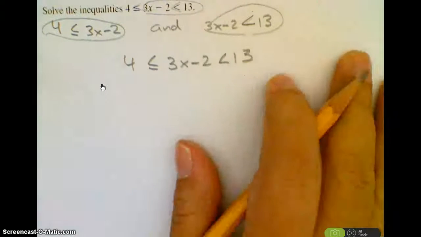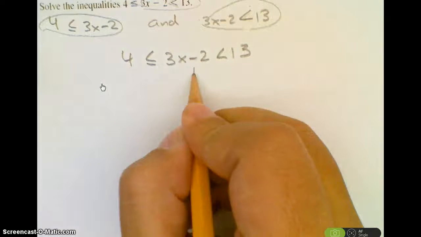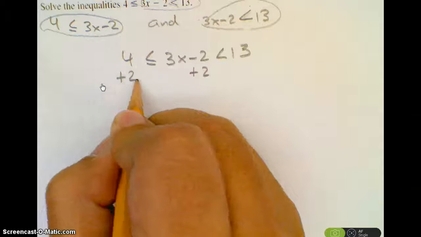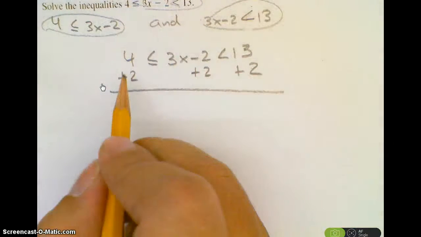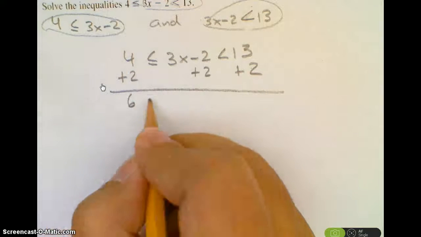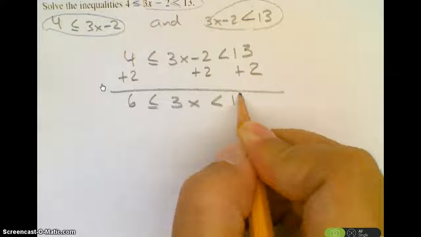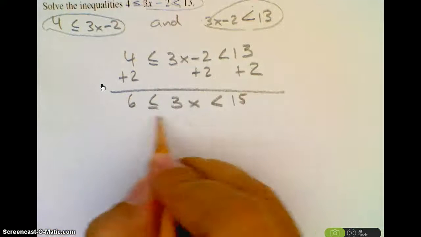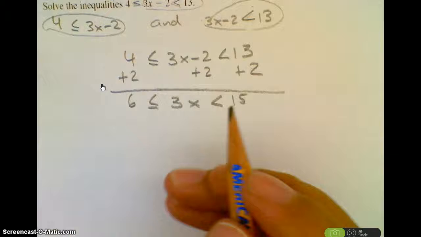So again, this is about solving for x, so I have to get rid of this minus 2 first, so I can add 2 on every single side, in the middle of these two inequalities, on the left side and on the right side. So in here I have 6, 3x, and I have 15. Now I'm going to divide by 3, which is the same as multiplying by 1/3.